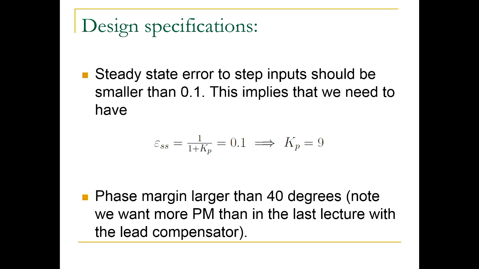So first we chose K, right, so that we satisfy the steady state error characteristics. I will not be writing everything in decibels, I will be writing it with just normal numbers. So we saw that 9 was what we were asked to provide to satisfy steady state error.